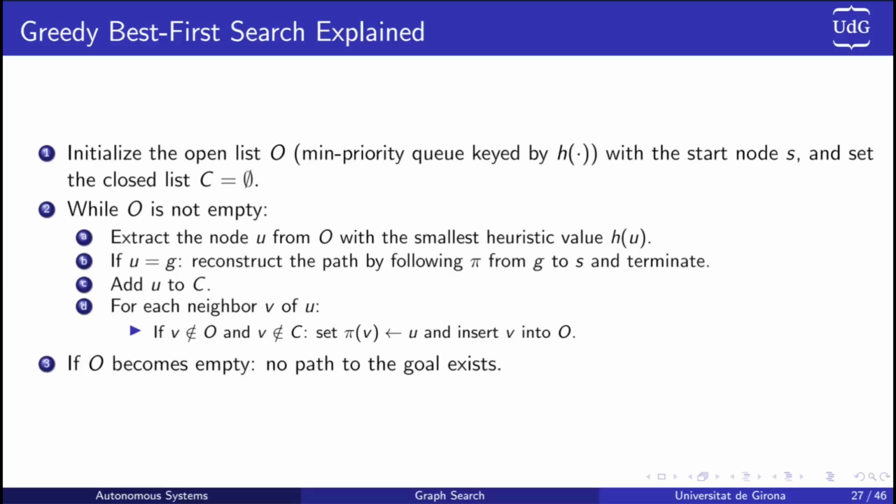If we don't have a goal, if we have to analyze the full graph, probably better to use just Dijkstra. Then, while O is not empty, initially, as I told you, at least there is the starting node in it. What we do is extract one node from this list, but this open list is a prioritized queue.